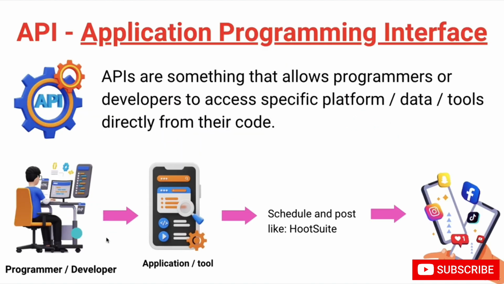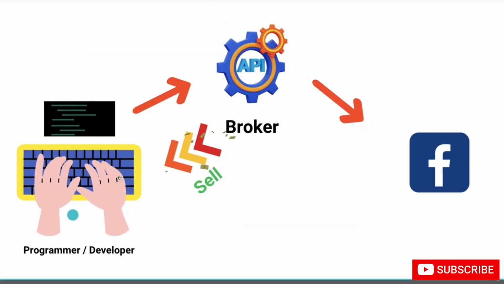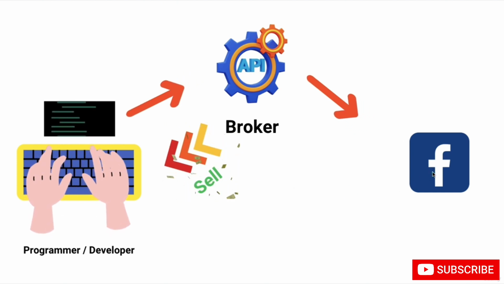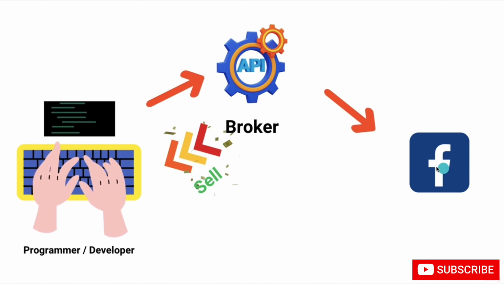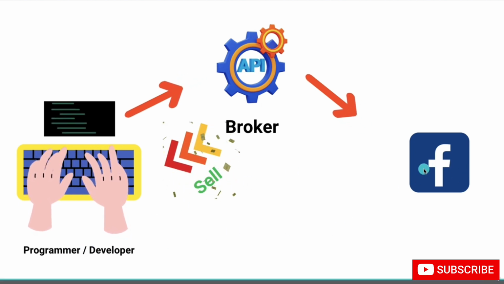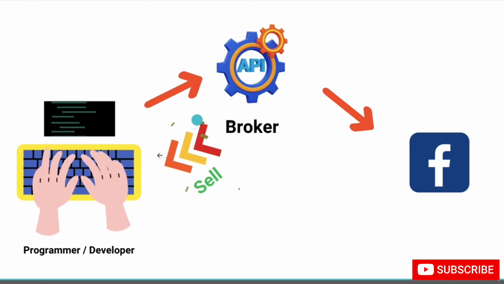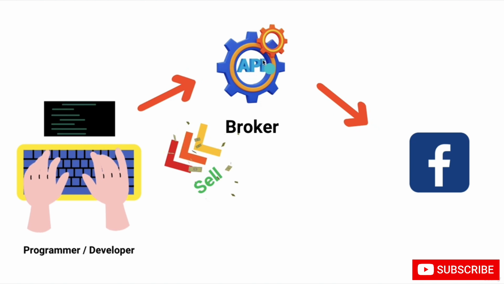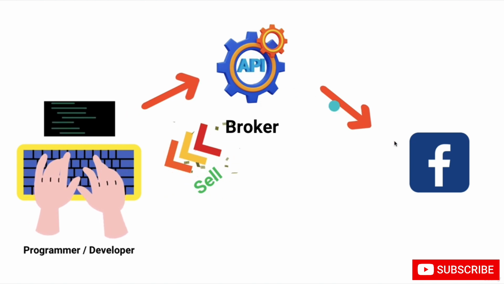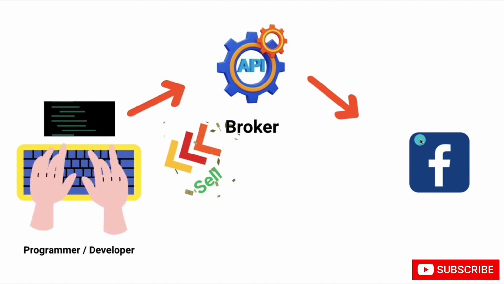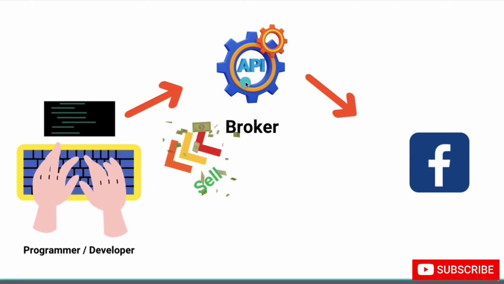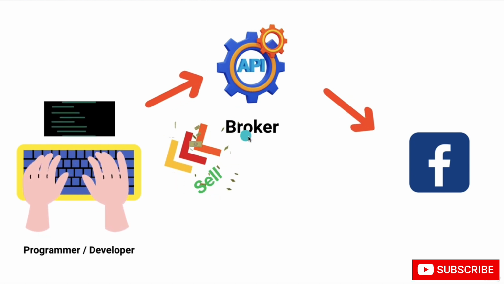Like this person who wants to create this application tool. To create it, this programmer or developer has to access different social media platforms, right? Only then can this programmer create the application or tool for his project. So to access the social media platforms, this programmer has to use API. So API is like a broker.